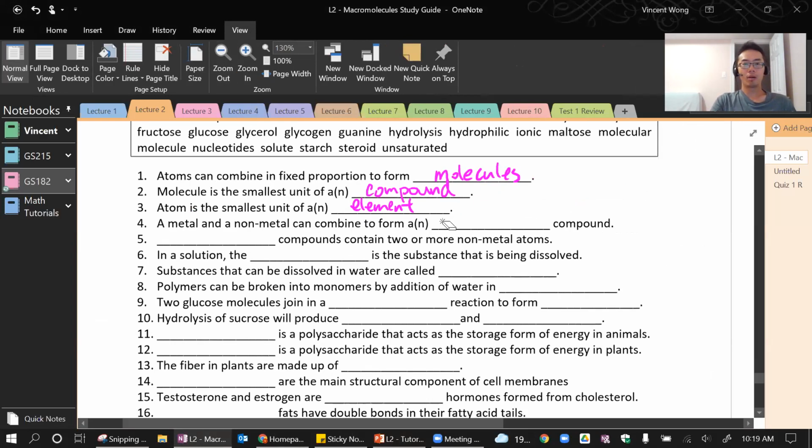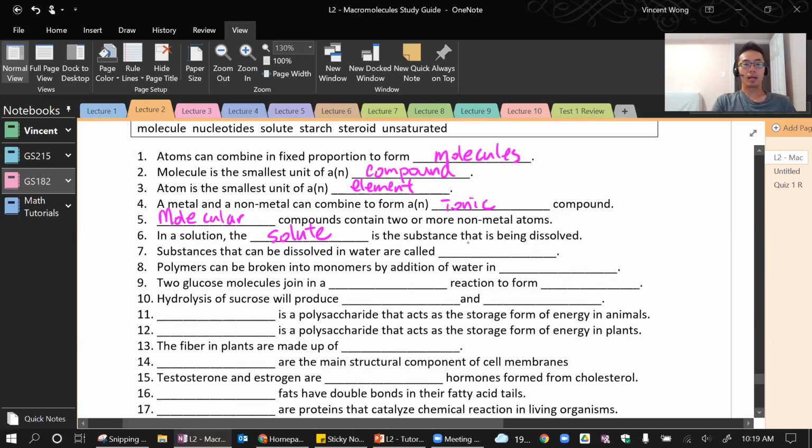A metal and a non-metal can combine to form an ionic compound, whereas molecular compounds contain 2 or more non-metal atoms. In a solution, the solute is the substance that is being dissolved. And the other one is a solvent.